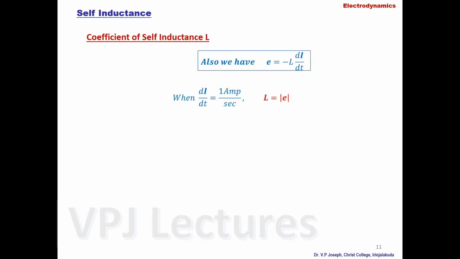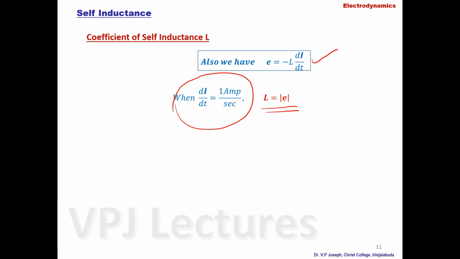Now, self-inductance may also be defined in terms of the second equation that we derived, that is, the induced EMF is equal to minus L di by dt. Here we let di by dt be 1 ampere per second. That is, the current through the coil is changing at the rate of 1 ampere per second, and in that case L becomes the induced EMF.